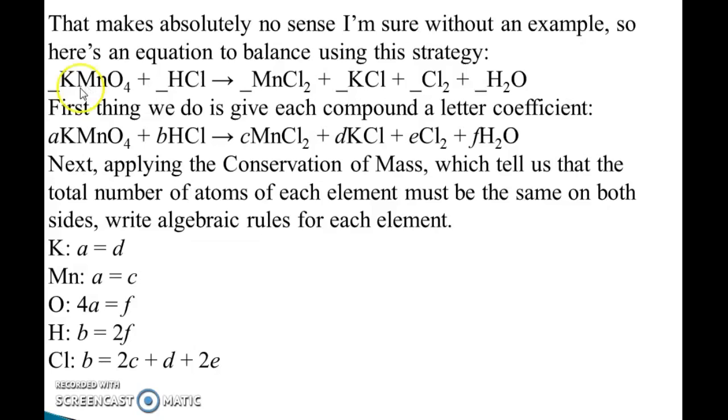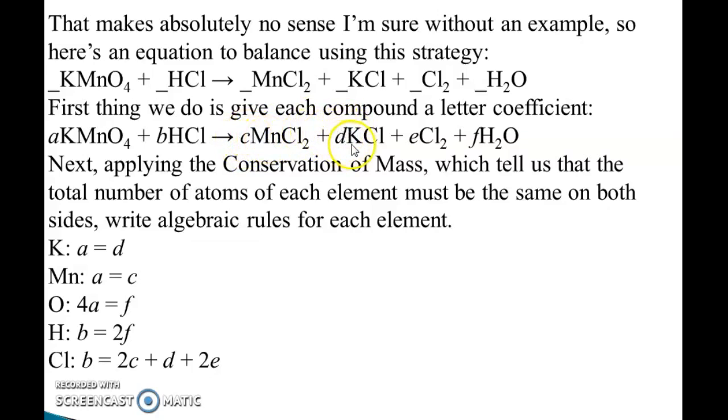So first we have to put a letter coefficient in front of each chemical compound, just like this. Along with KMnO4 we kept a small a here. Along with hydrochloric acid we kept b. After the reaction, along with MnCl2 we put c in front of MnCl2.